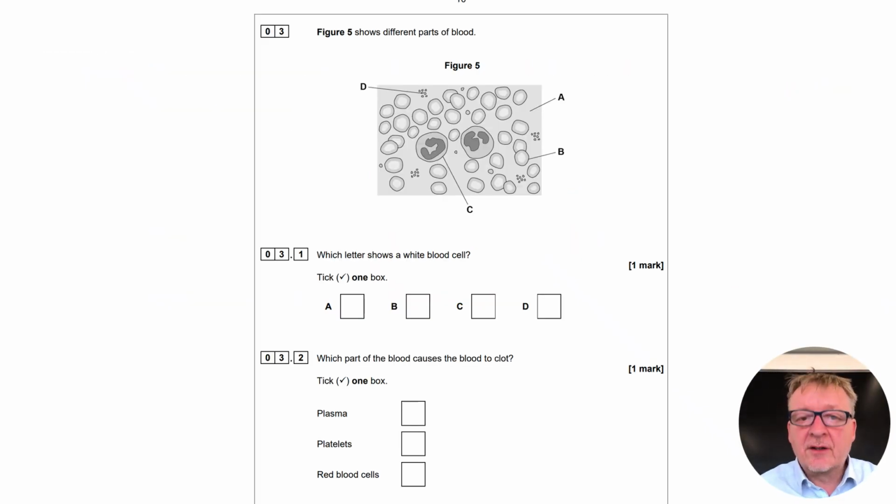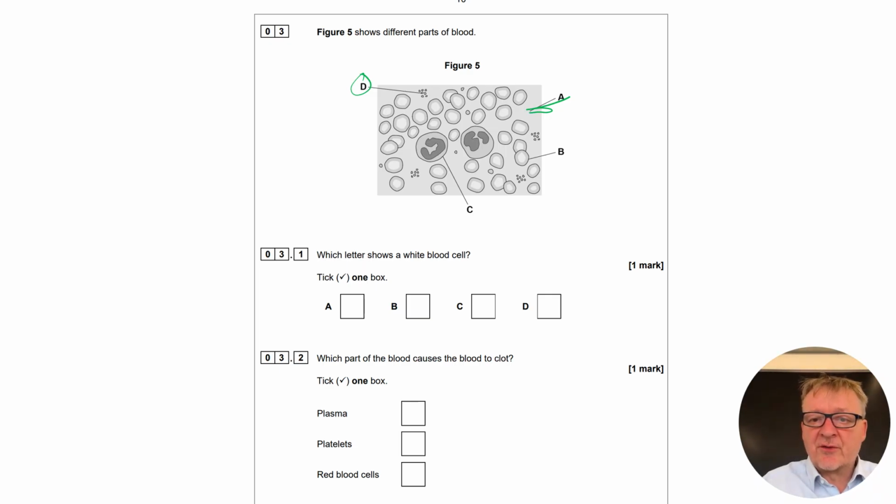Figure 5 shows different parts of blood. Okay, it's quite weird really, looking at those. So we've got just the liquidy stuff, then the smaller cells, then D is tiny little cells, and then C looks like it's got a nucleus in the middle. Which letter shows a white blood cell? Platelets are fragments of cells.